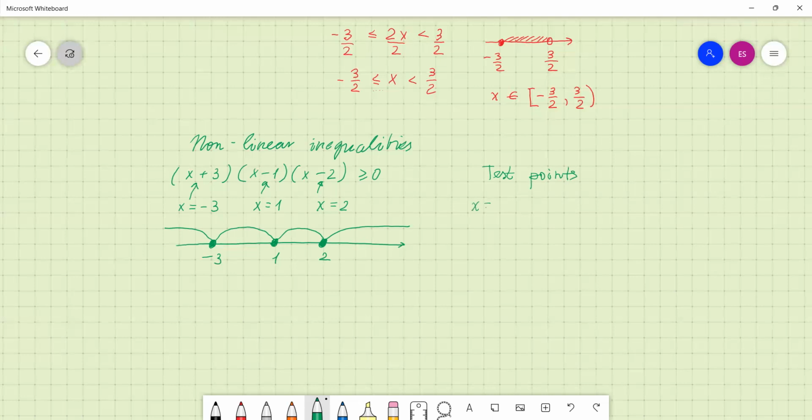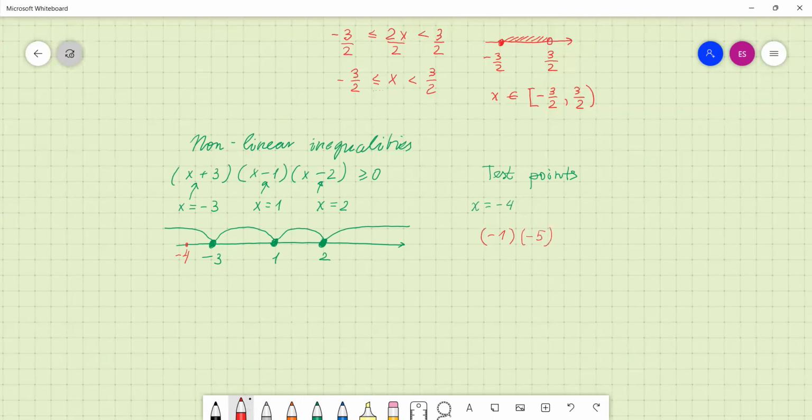I'm going to pick x equals -4 for my first interval over here, because -4 sits somewhere here. I'm going to change my color. Somewhere here is going to be -4. What I'm going to do next, I'm going to plug -4 into my expression. So I have -4 plus 3, which is -1, right? Then -4 minus 1, -5, right?